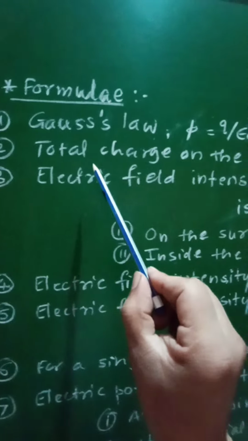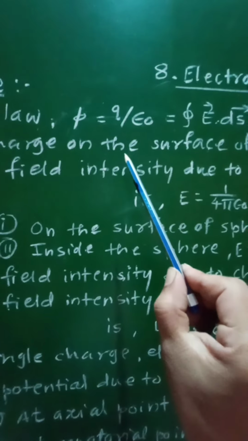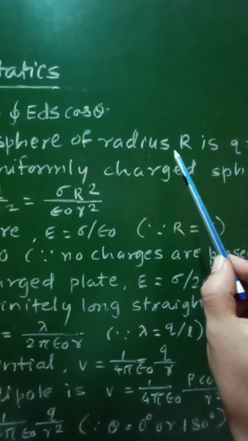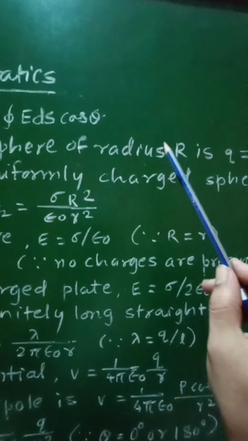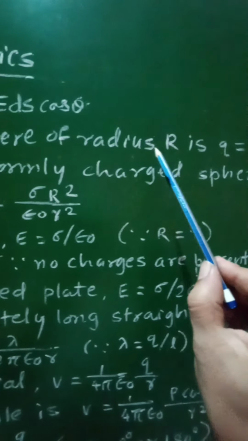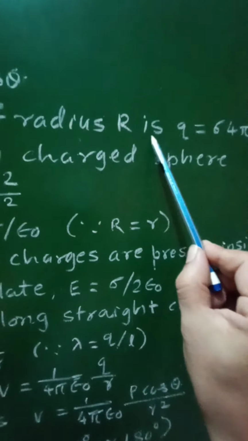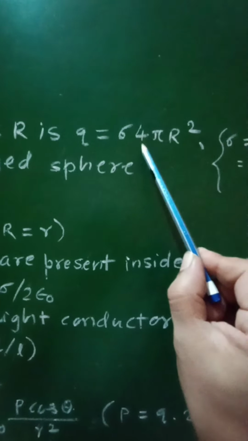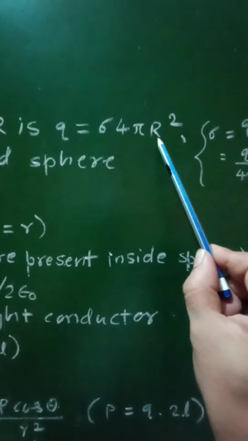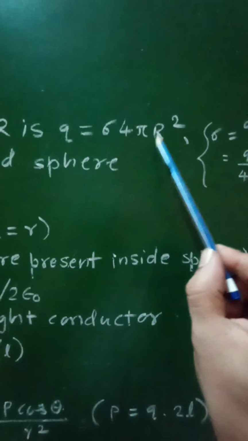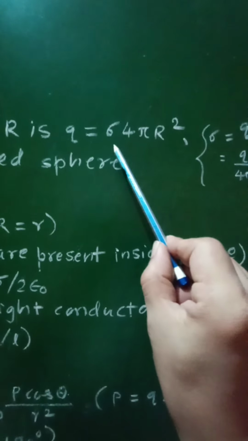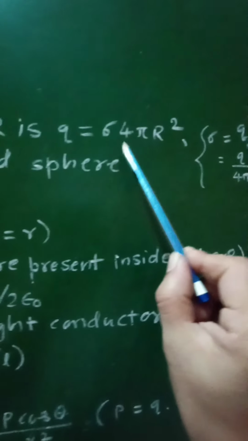Second formula gives the total charge on the surface of a sphere of radius r. The total charge present on the surface of a sphere of radius r will be given as total charge q is equal to sigma into 4 pi r square, where sigma is surface charge density, that is charge per unit area.